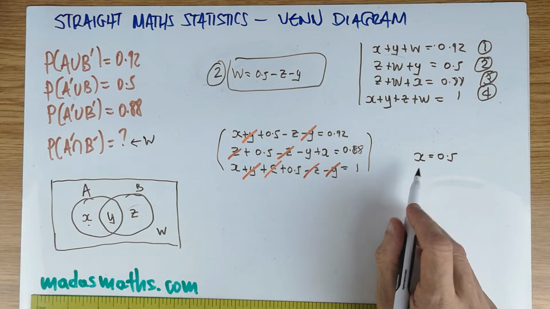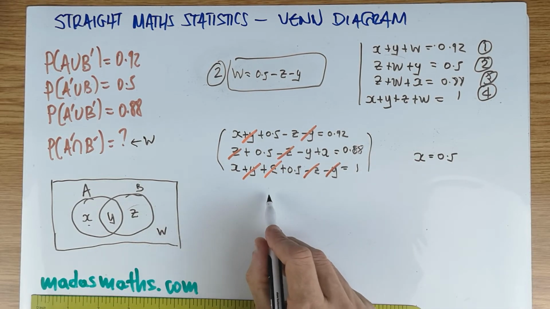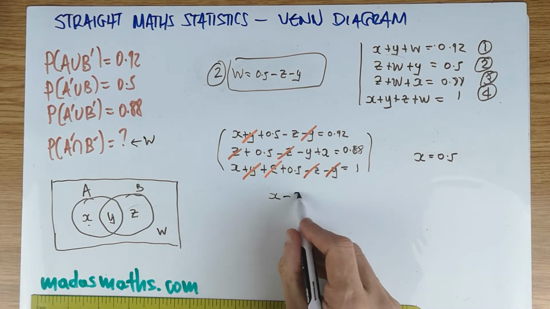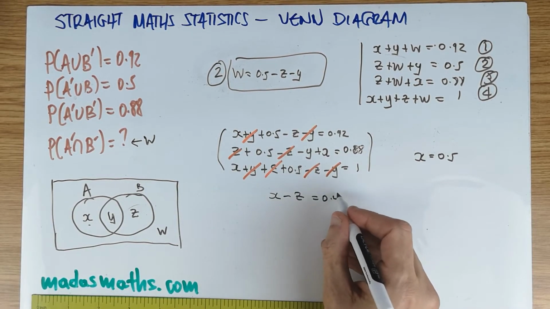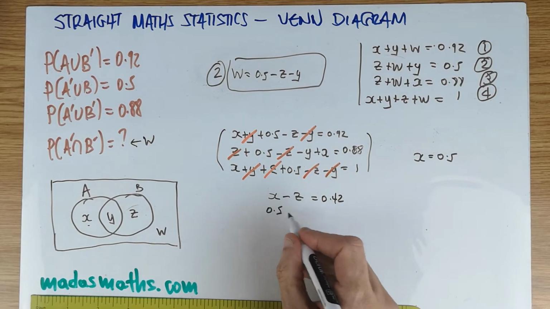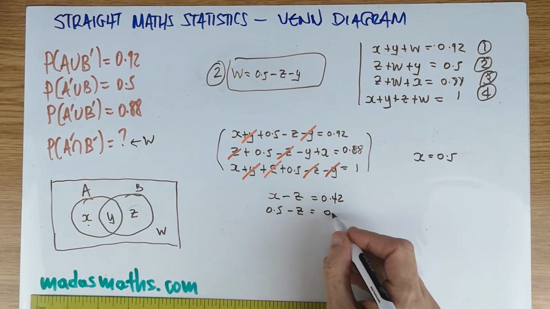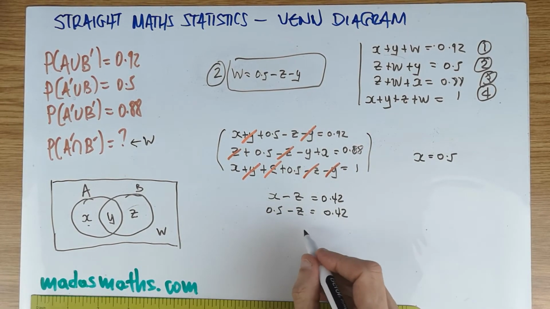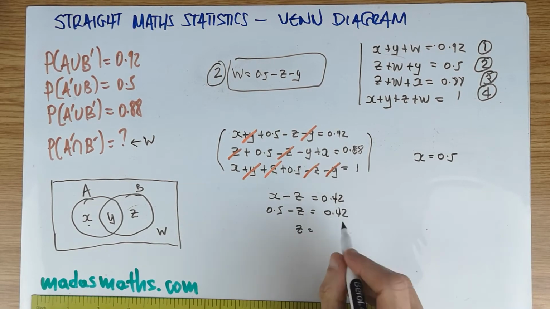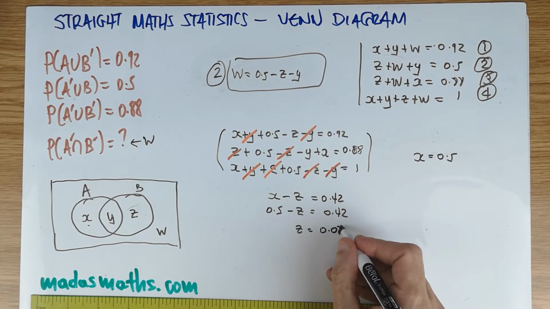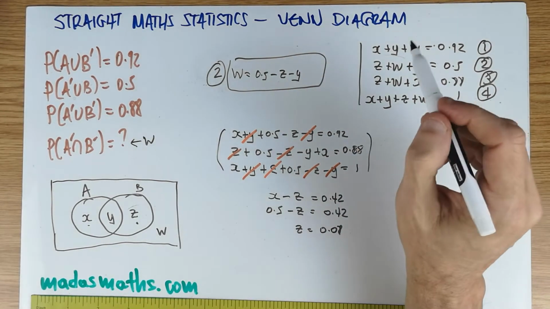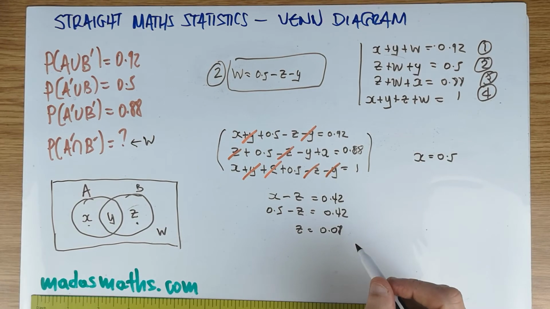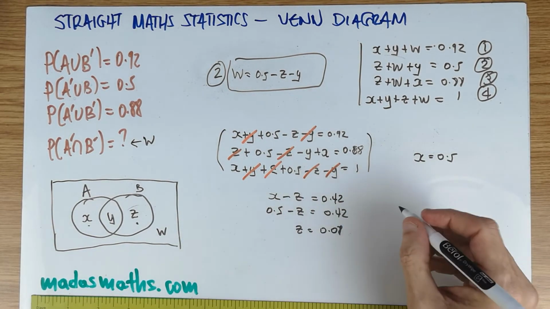We found the X. So looking at the first equation, X minus Z is equal to 0.42. 0.5 minus Z is 0.42, which means your Z will be 0.08. So we found this quantity here. Should I find the Y from the other one? I'm just being silly, really. It doesn't matter, we'll find them all.